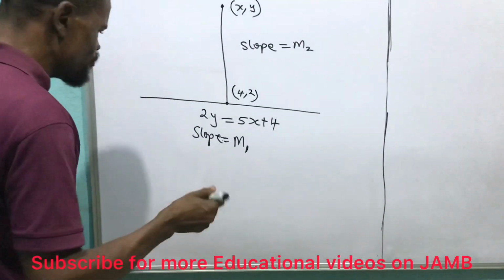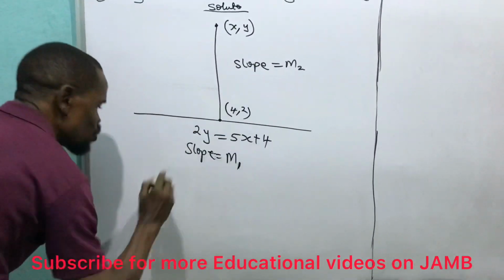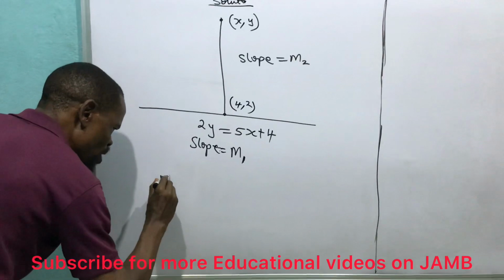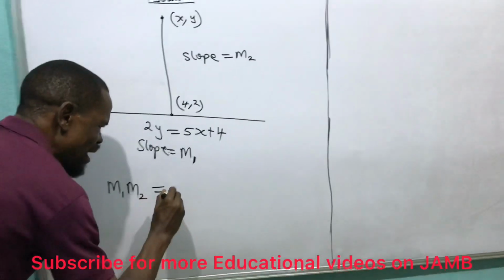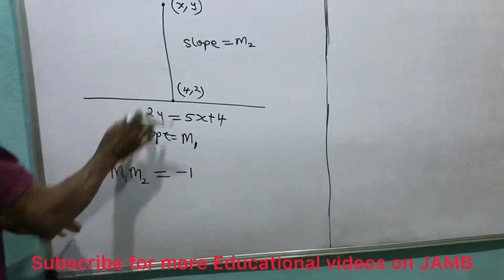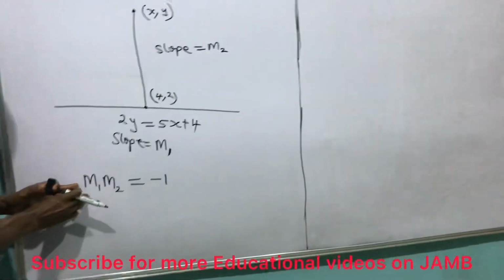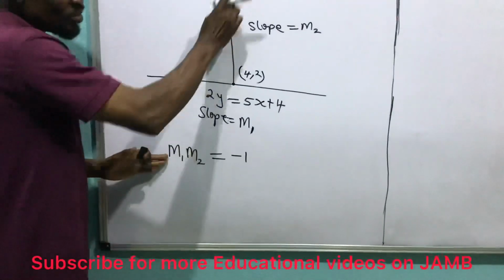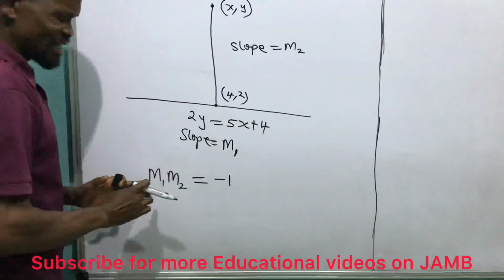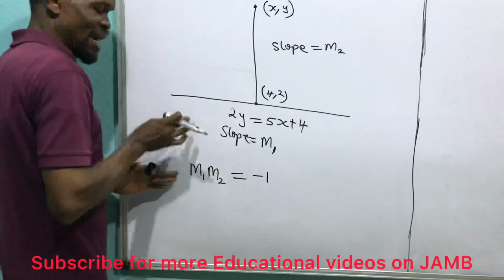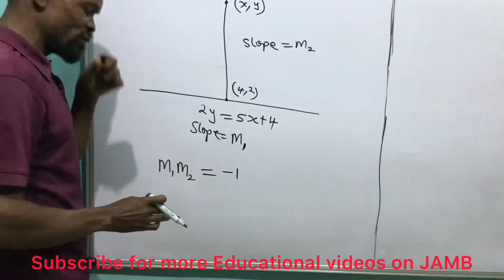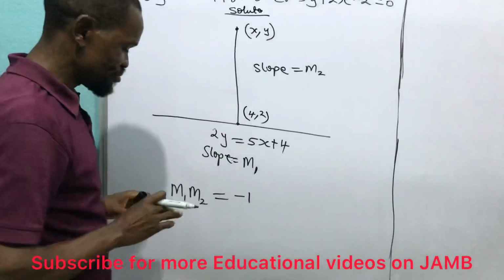And our proof says that these two slopes, M1 times M2, is equal to minus 1. Because they are perpendicular, when this line is perpendicular to this line, the slope of this line times the slope of this line will give me minus 1.